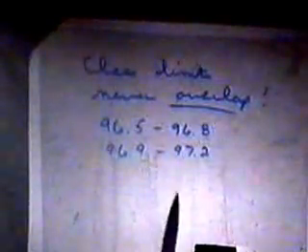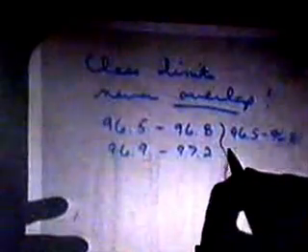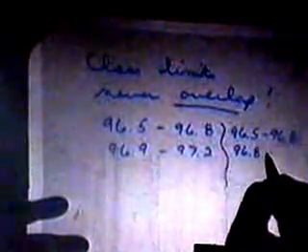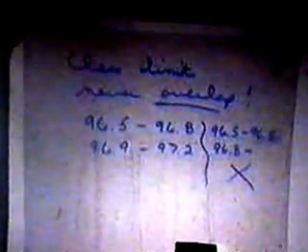They don't overlap because one of them ends at this number and the other one begins over here. Overlapping would be if I had 96.5 to 96.8, and the next one was 96.8. Those would be overlapping. And the problem here would be you didn't know where to count somebody that had 96.8. This is wrong. This is the overlapping. Class limits never overlap.